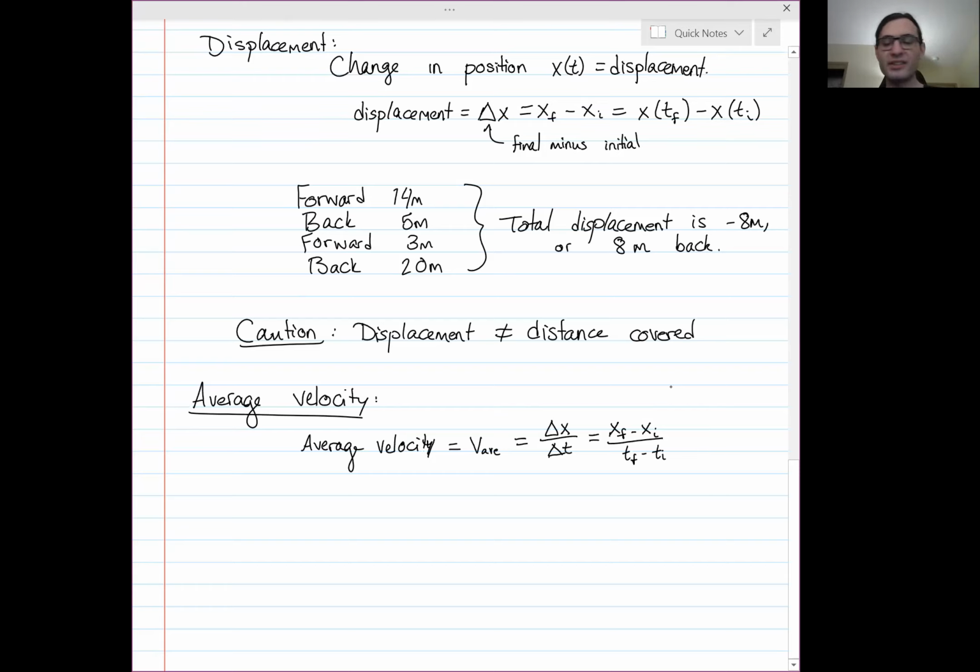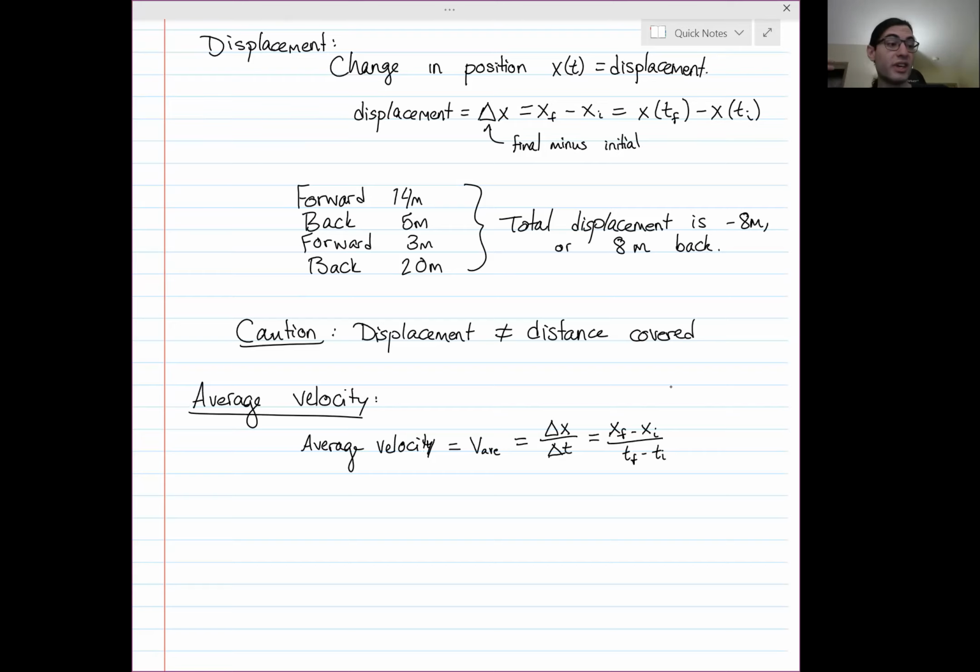Now, as I said, in general, since displacement is a vector, because your position is a vector, it's position measured relative to some other location, which has a magnitude and direction, you might think that this doesn't make a whole lot of sense to do, but keep in mind, you can always multiply or divide vectors by scalars, by numbers. And duration is just a scalar. It's just a number. It doesn't have a direction.